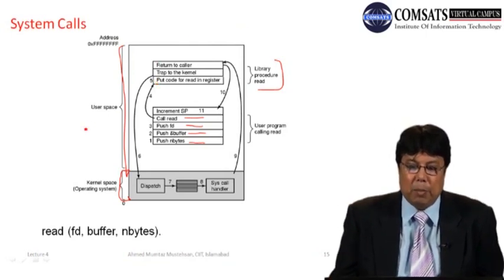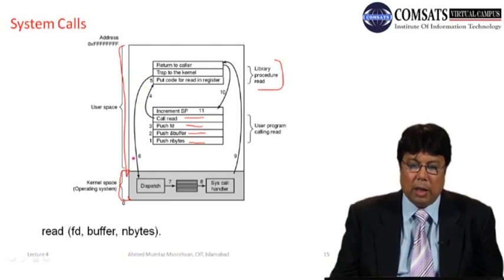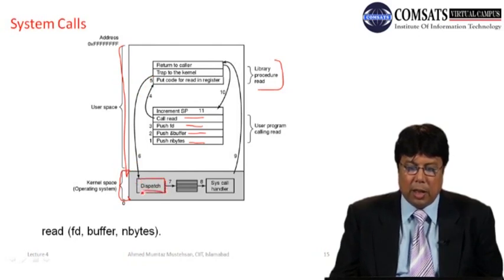This library procedure precisely knows where is the routine that will serve you reading the data from that particular file. So it will trap into the kernel mode, take the control into the kernel mode here, and also dispatch the information. This information will take you into the table.